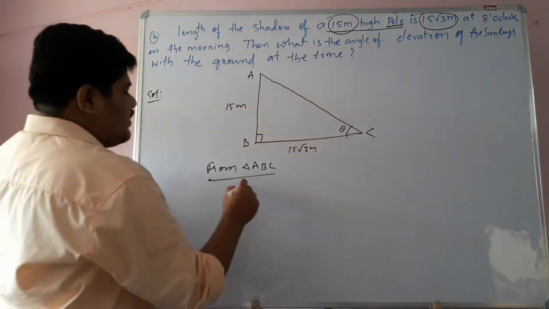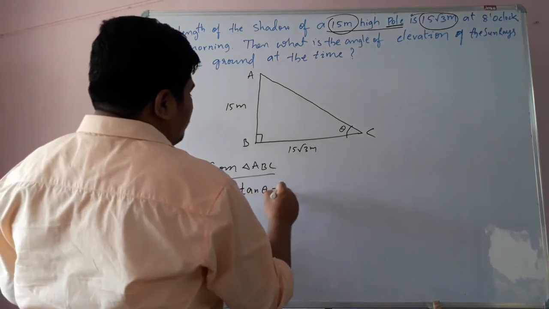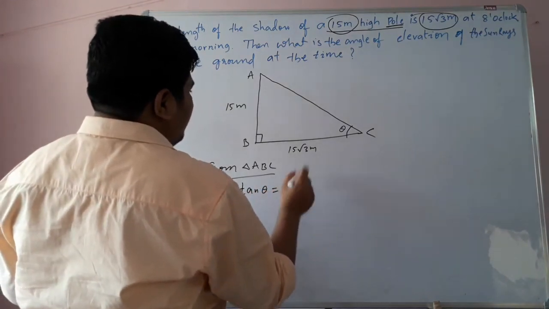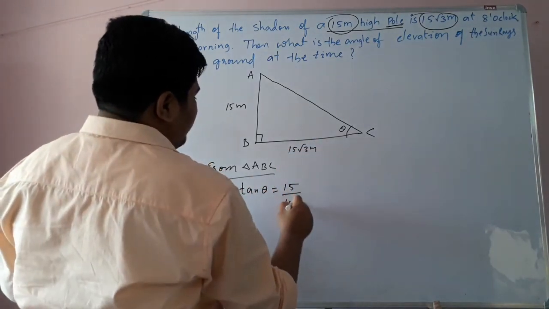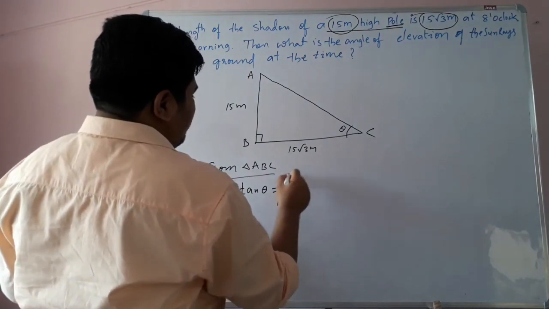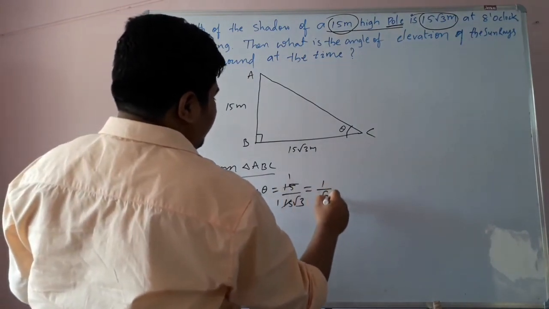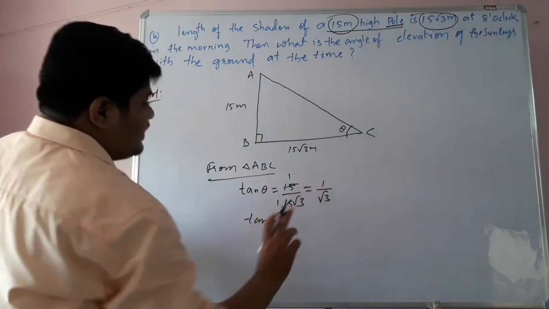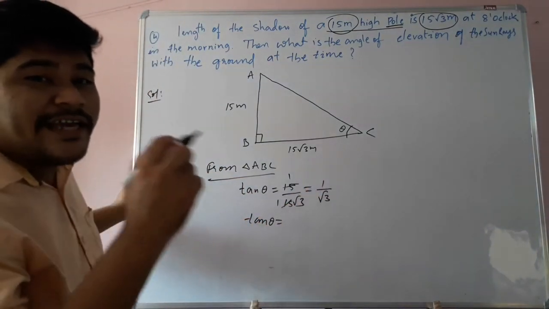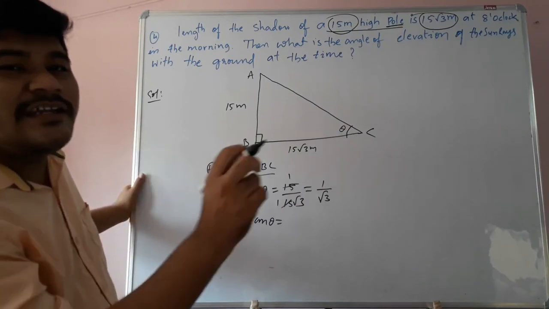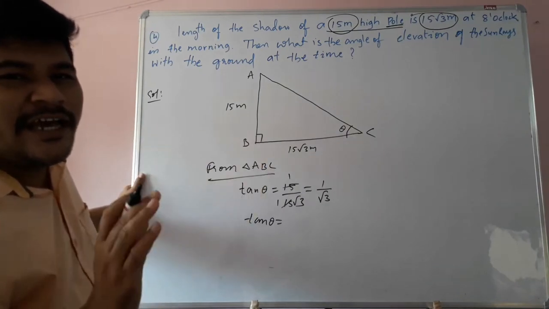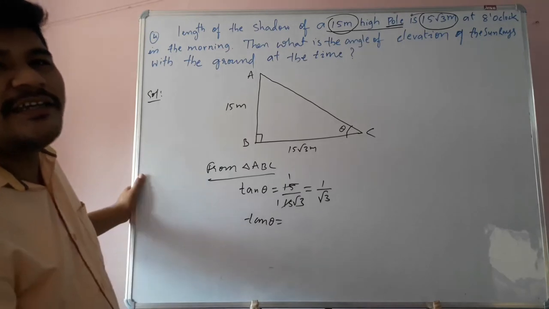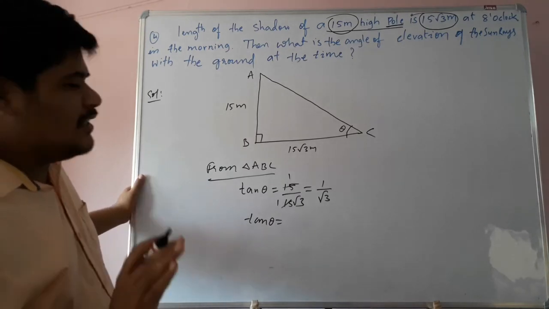So here tan theta is equal to opposite side 15 over adjacent side 15 root 3. So 15 ones are 15, and finally you will get 1 by root 3. So tan theta is equal to 1 by root 3. At what angle is tan equal to 1 by root 3? At 30 degrees. Tan 30 is equal to 1 by root 3.